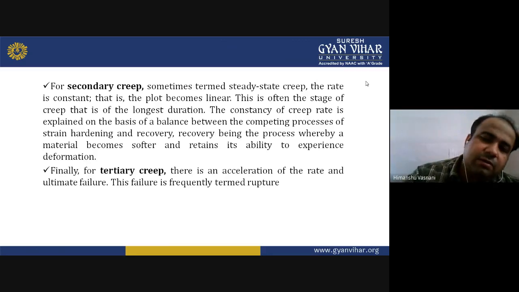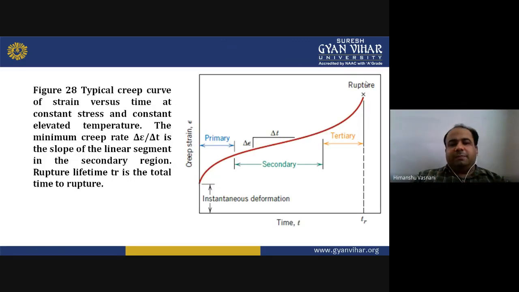So here, due to the application of constant stress and constant elevated temperature during the service time or working time, the workpiece experiences creep, and this is divided into three stages as shown in the creep curve of strain versus time diagram.